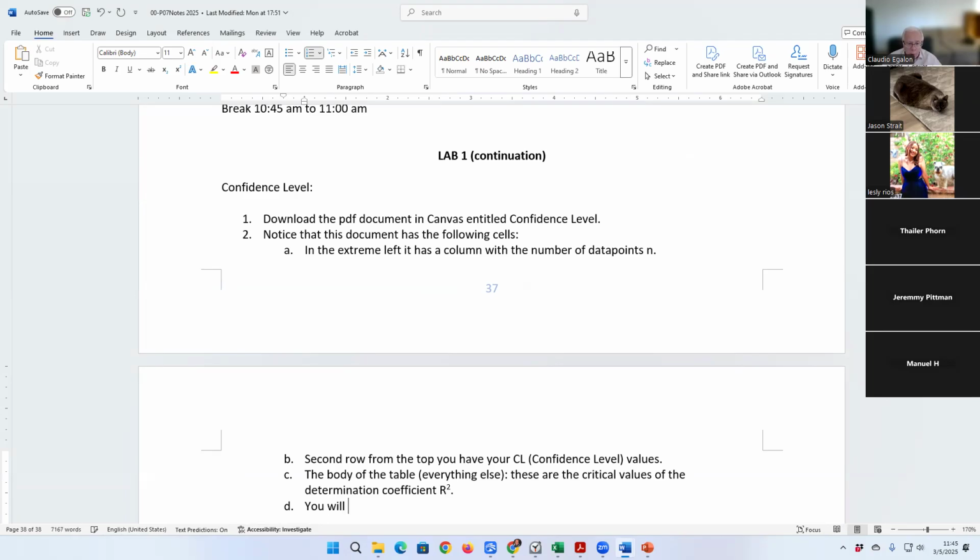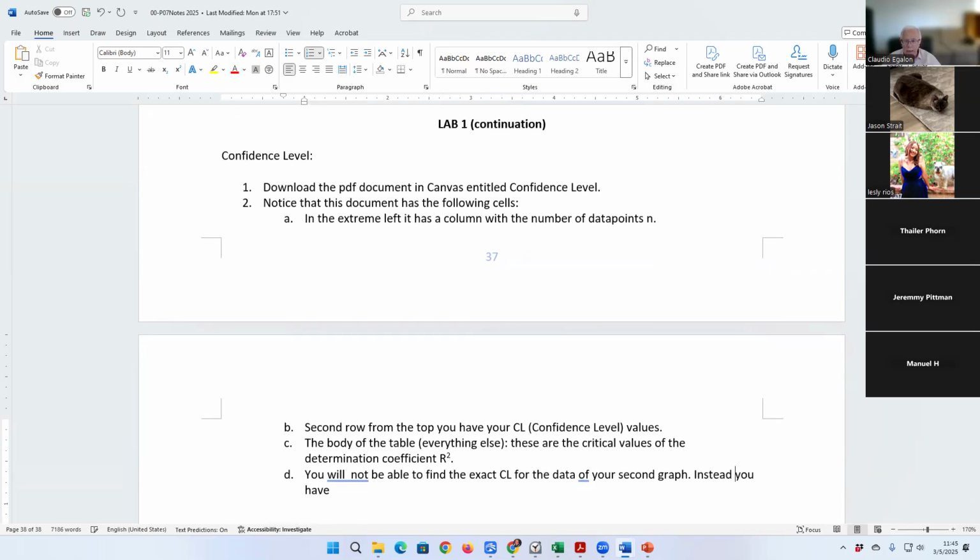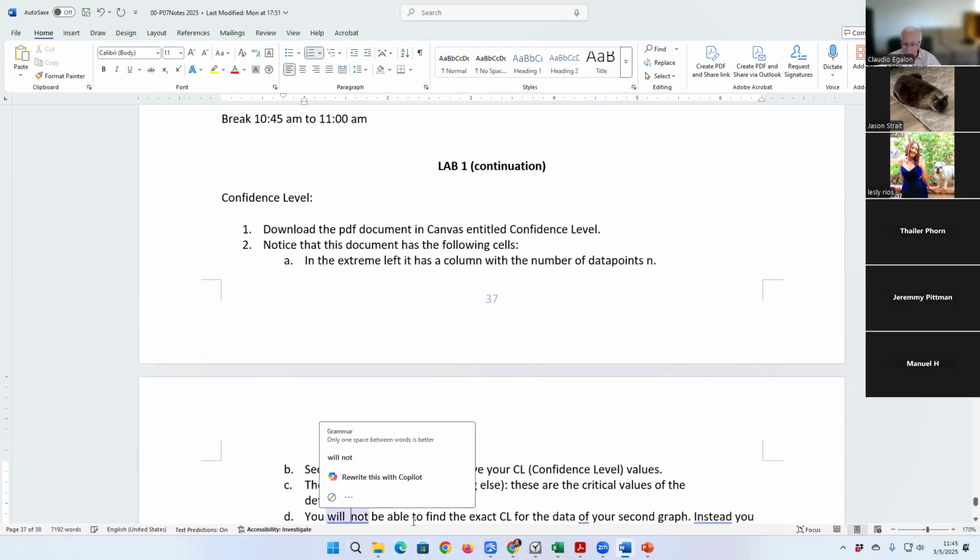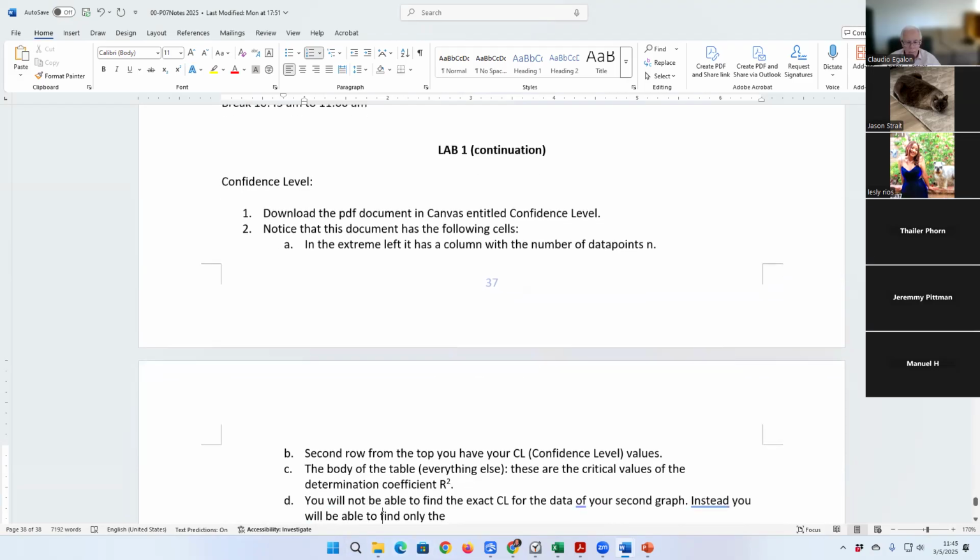Very important: you will not be able to find the exact CL for the data of your second graph. Instead, you will be able to find only the bounds of your real CL.